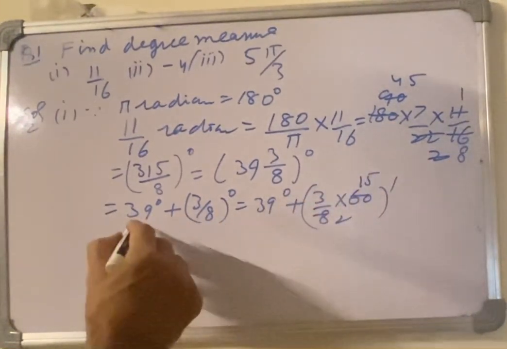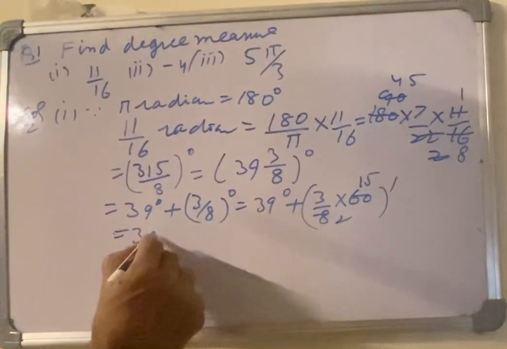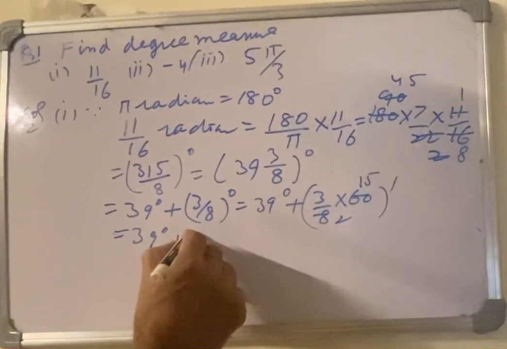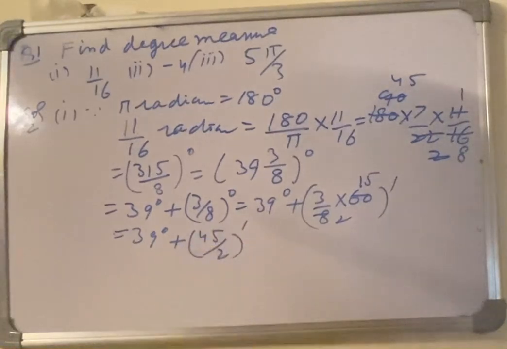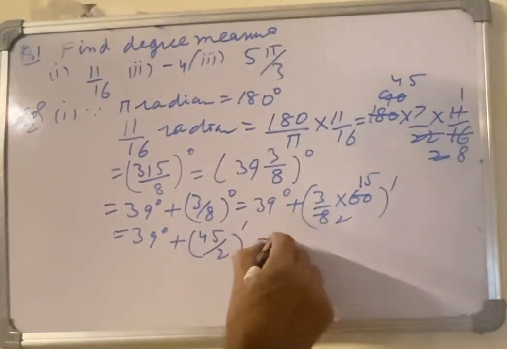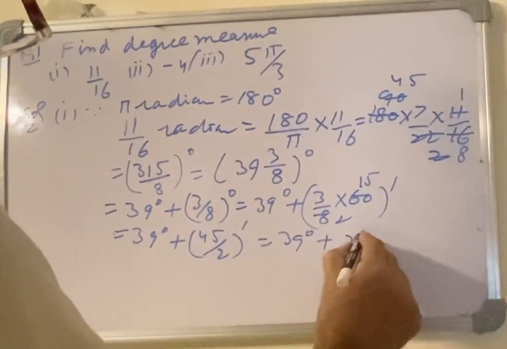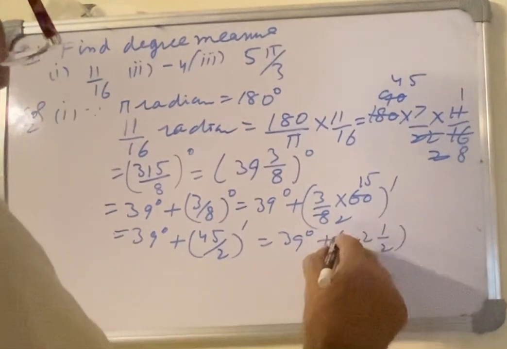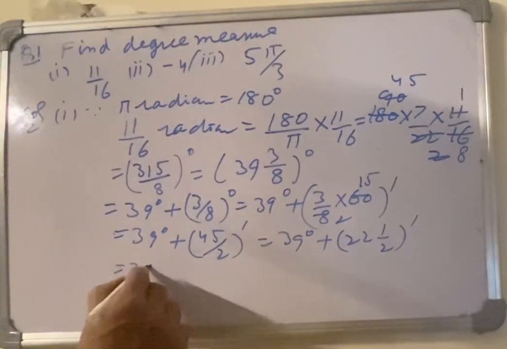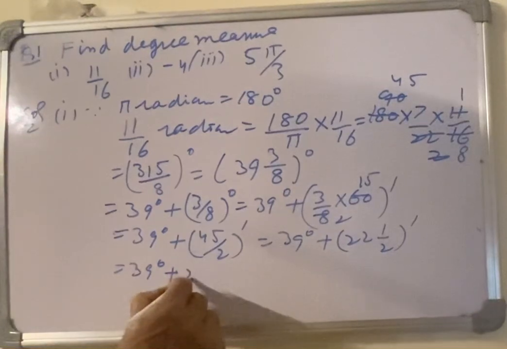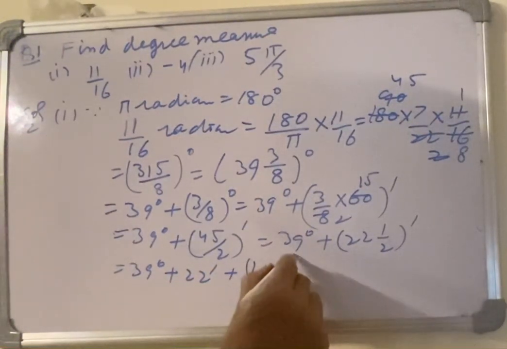So this is equal to 39 degree plus 45 by 2 minutes, which is 39 degree plus 22.5 minutes. Again, which can be written as 39 degree plus 22 minutes plus a half minute.